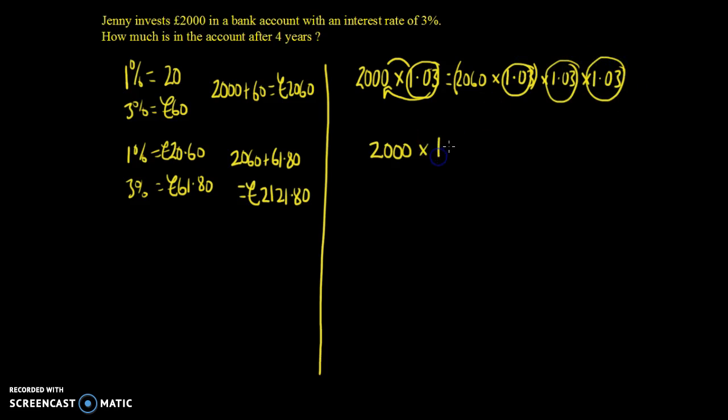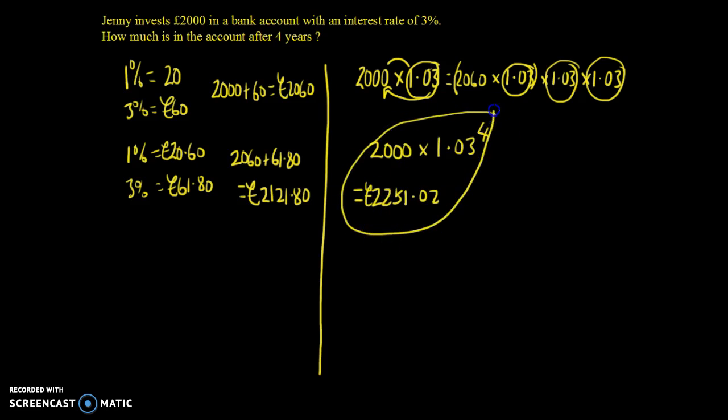So a shorter way of writing that, 1.03 to the power of 4. And that equals £2,251 and 2 pence. That is a shorter way of doing it.